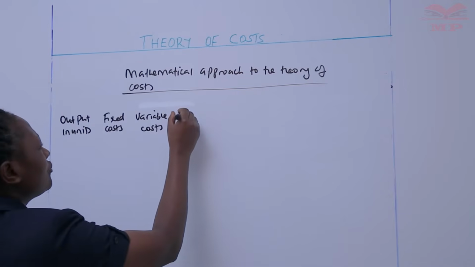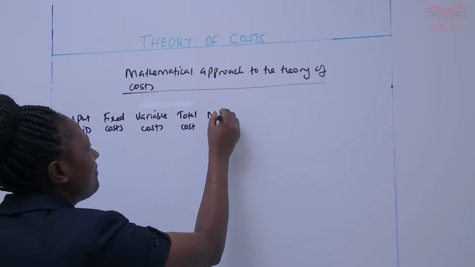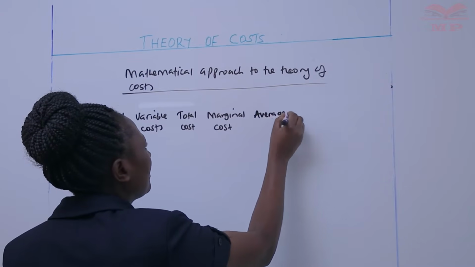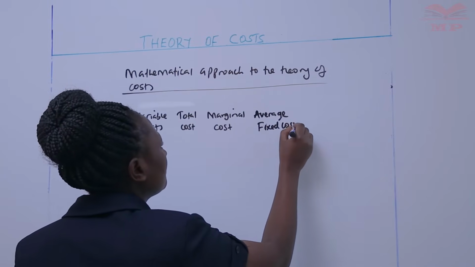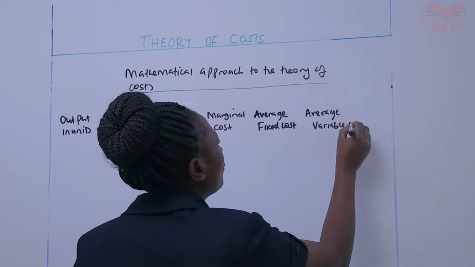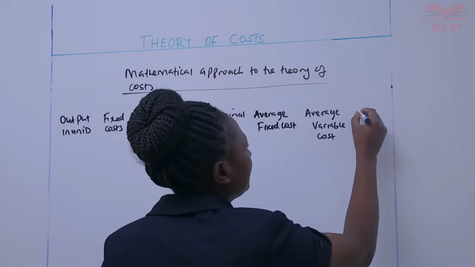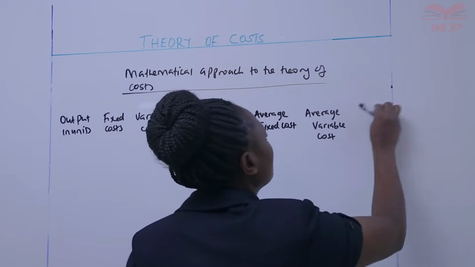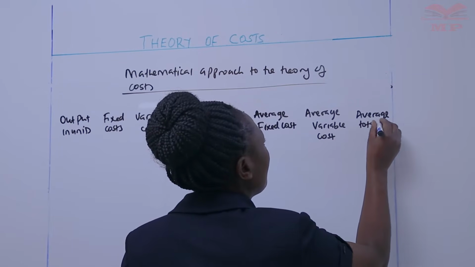Then we will use this information to calculate the total cost, then the marginal cost, then average fixed cost, average variable cost, and average total cost.